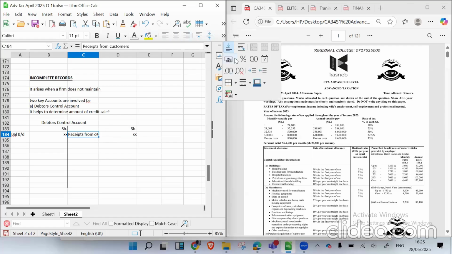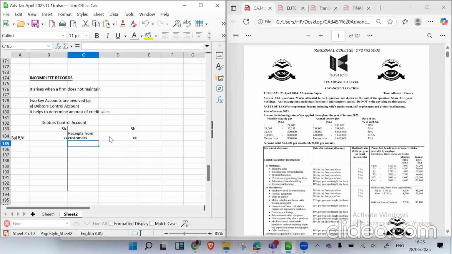The other thing that will affect us, from the sales point of view, is the discount allowed.